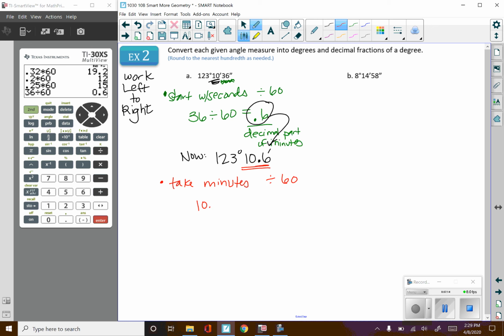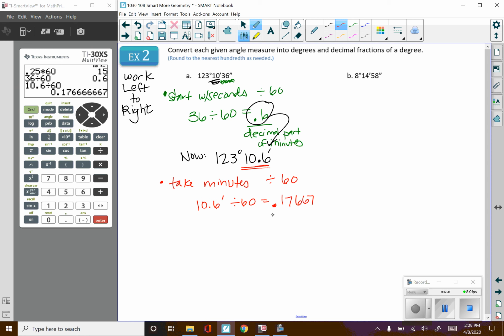So we have 10.6 minutes divided by 60, and we get 0.17667. I rounded after 5 decimals. Probably not necessary to keep that many, but I'm not sure how my math lab is going to round that.